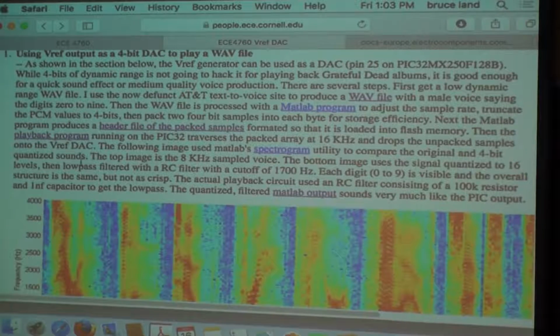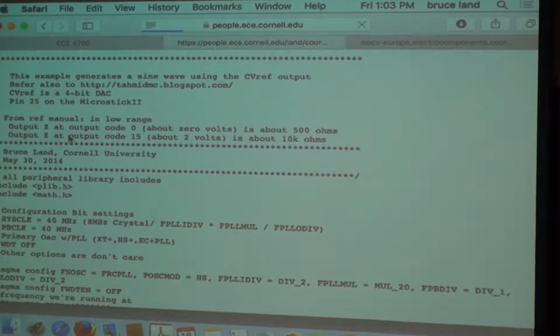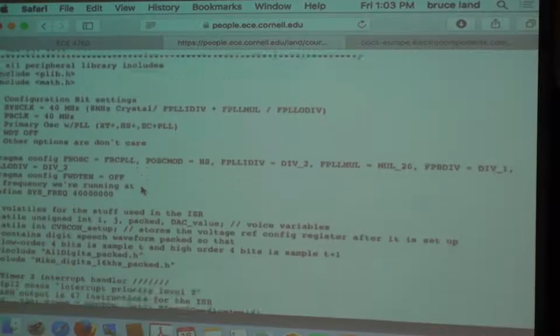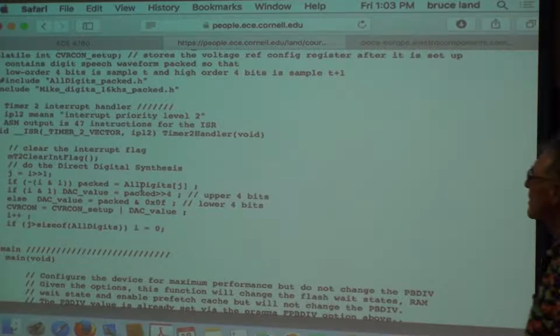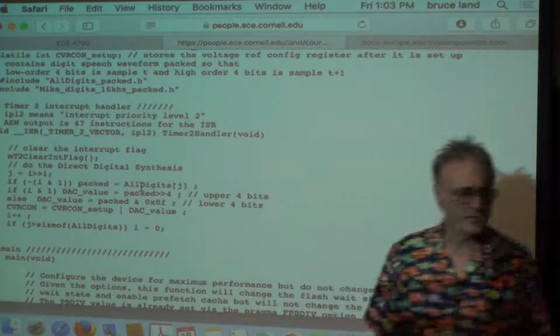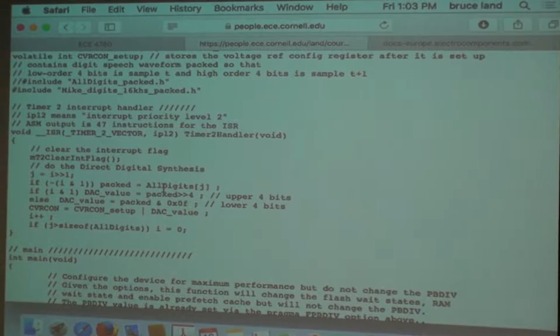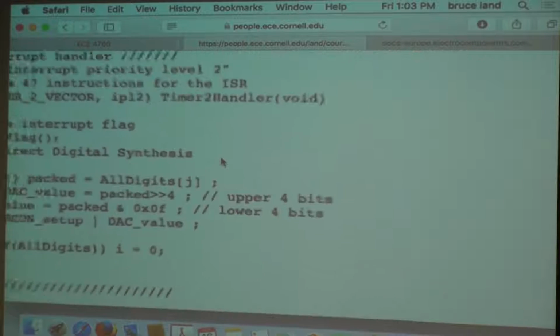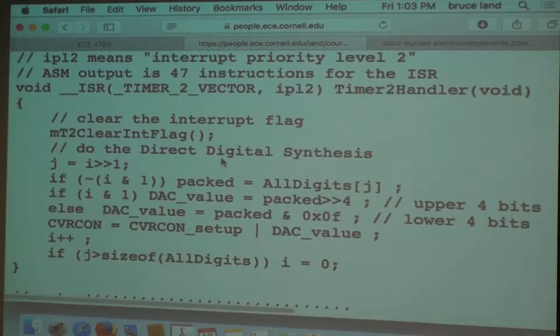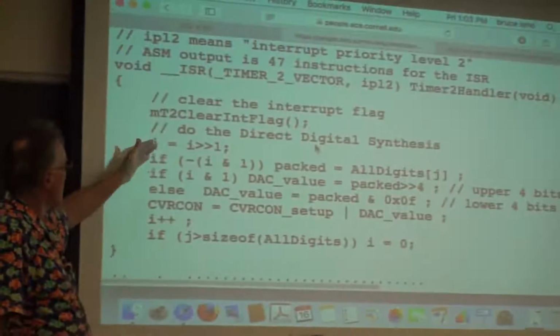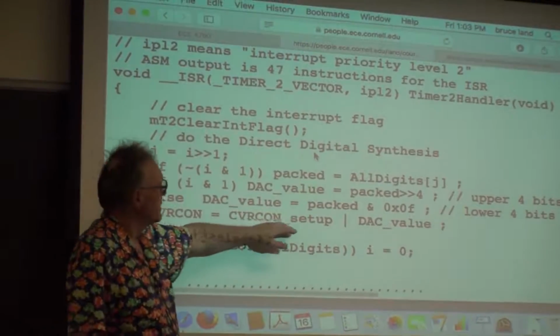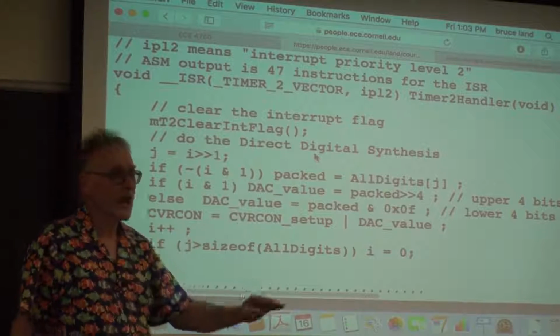And the playback program is really easy. If we go down to the interrupt service routine, that's the entire interrupt service routine. Let me expand this slightly. Timer 2 is ticking along at 8 kilohertz or so. And I'm using the VREF DAC.